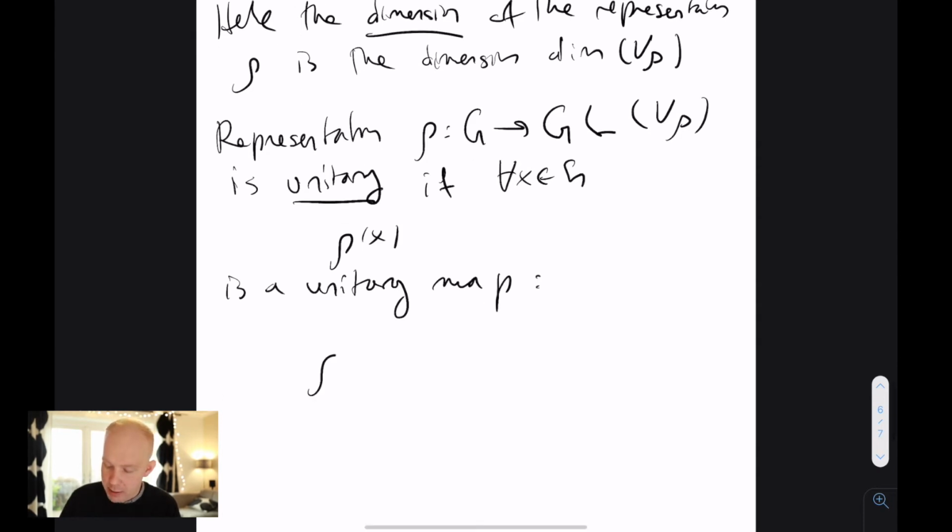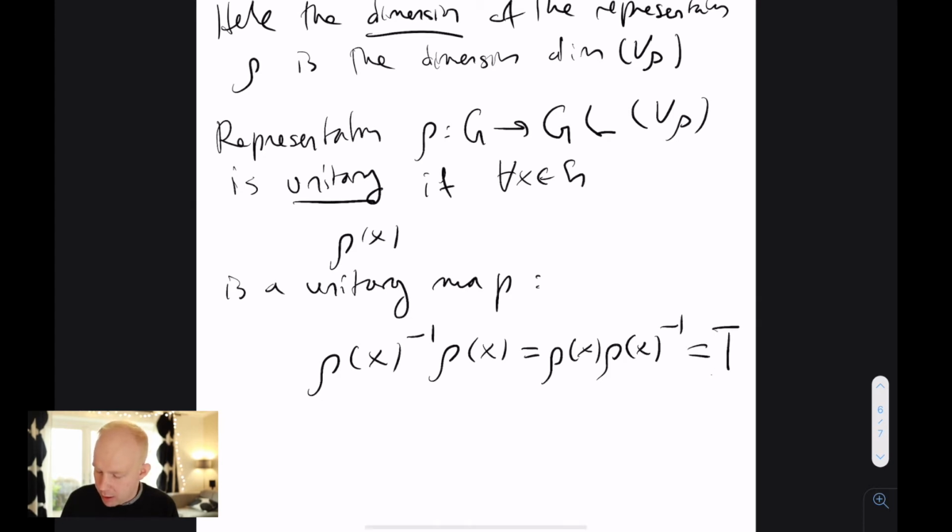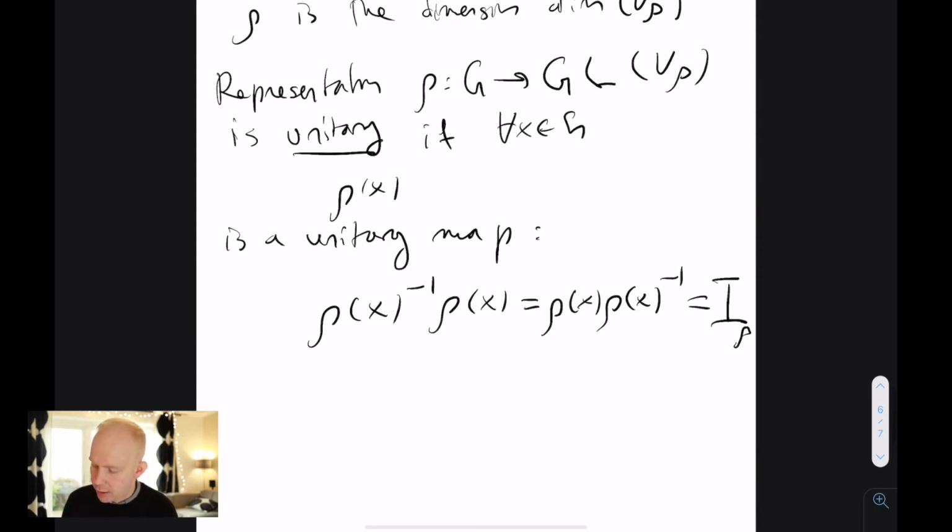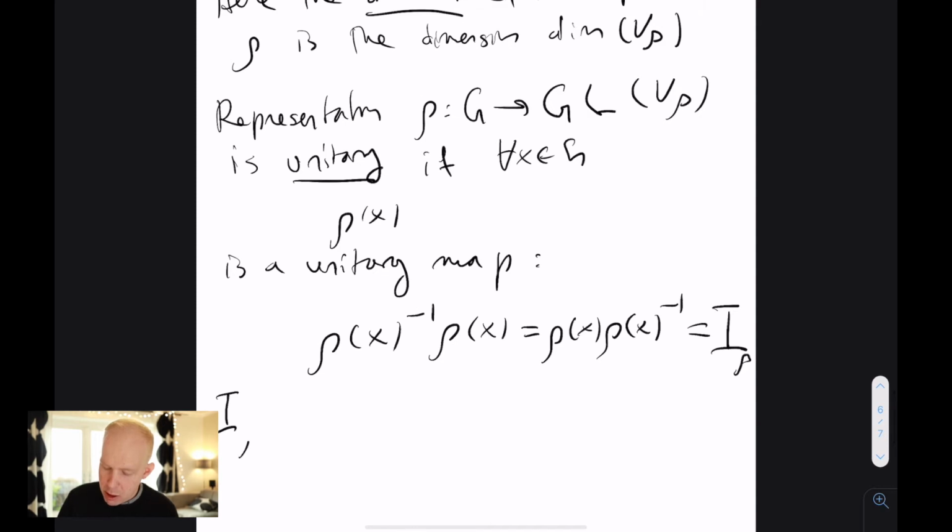That means rho(x) is an invertible linear map, and if you compose it with its inverse, rho(x)^{-1}, from the other side, you get the identity matrix, or the identity map, which I could call I_rho, the identity map from V_rho to V_rho.